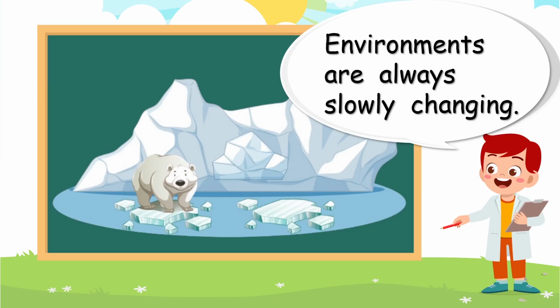Environments are always slowly changing. If we look at a river over many hundreds of years, the river will slowly change its position. It goes left and right. This is happening in all environments.